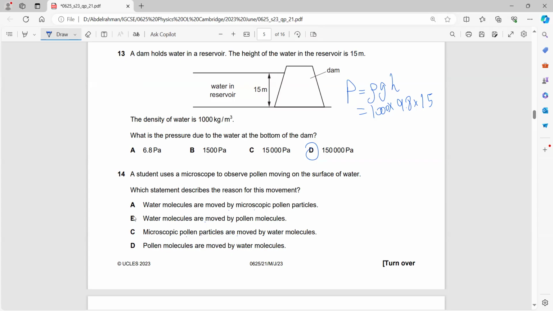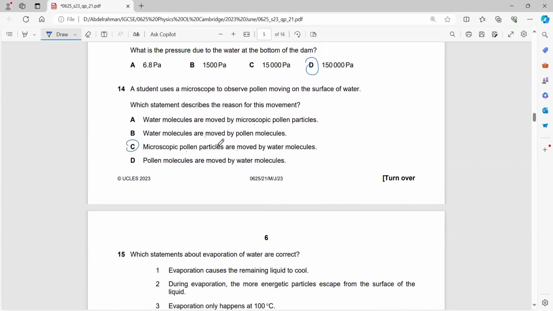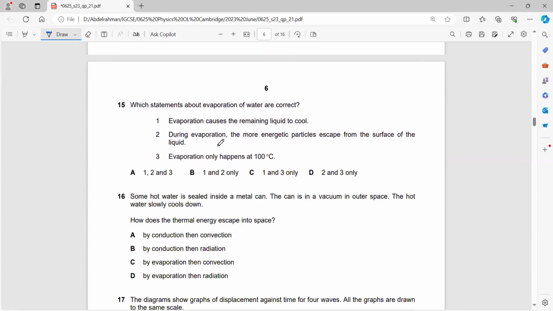Because the pollen grains get bombarded, they get hit. The water molecules collide with the pollen grains. It's not the other way around. So microscopic pollen particles are moved by water molecules.